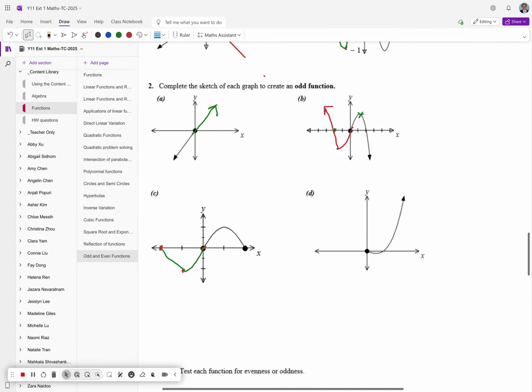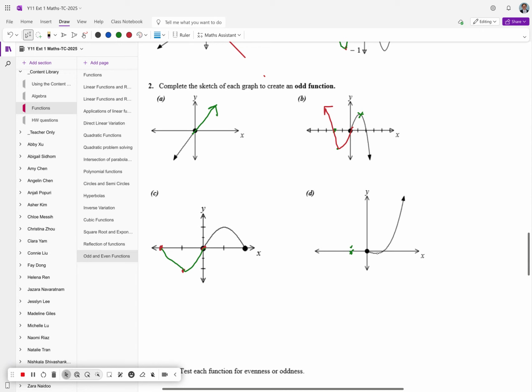Now this one again, think of it as a reflection. There's that point there. I'm going to reflect it over here. So I've reflected in the y-axis, and reflecting in the x will leave it where it is. Now think of the turning point. If I reflect that in the y-axis and then in the x-axis, it should end up there.